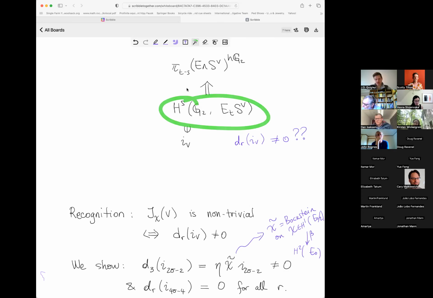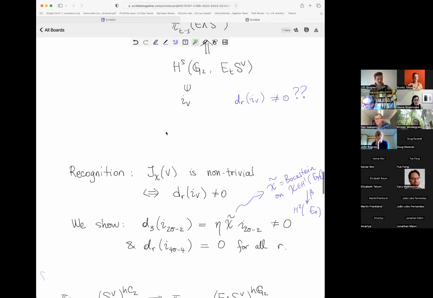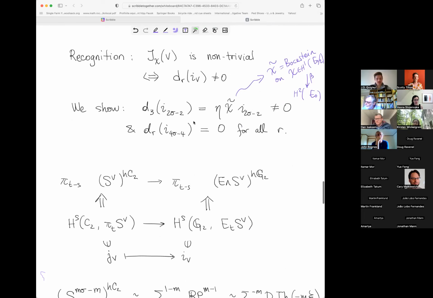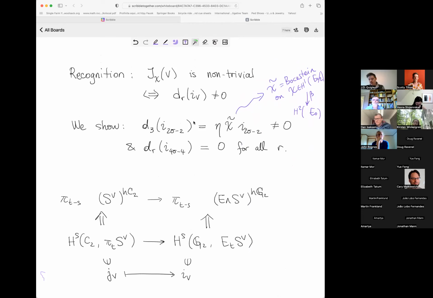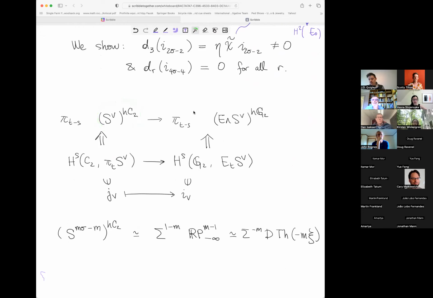So how are we going to compute this differential? Well, we start by trying to compare with something that maybe we can understand, and that thing is the homotopy fixed point spectral sequence for just the C2 action on this representation sphere. This is fun because we know a bunch about what these homotopy fixed points are.